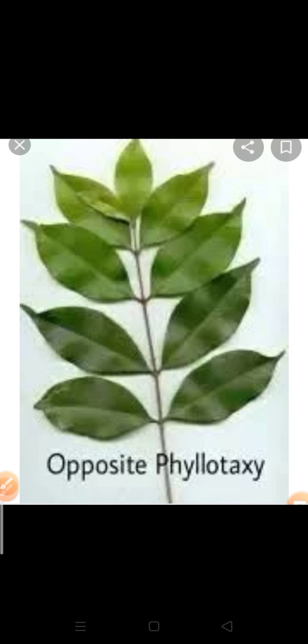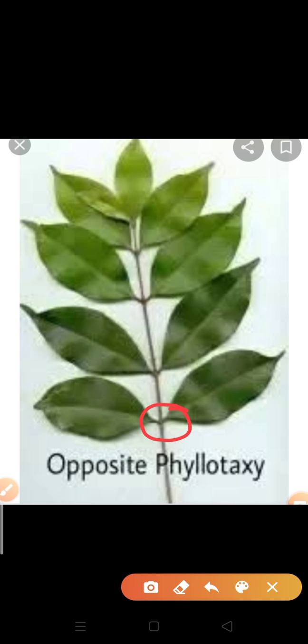Next is the opposite type of phyllotaxy. Means in this type of phyllotaxy a pair of leaves arises at each node. In alternate, what was given? Only one leaf comes out from a node. In opposite, a pair of leaves arises from each node. You can observe that from each node a pair of leaves arises.